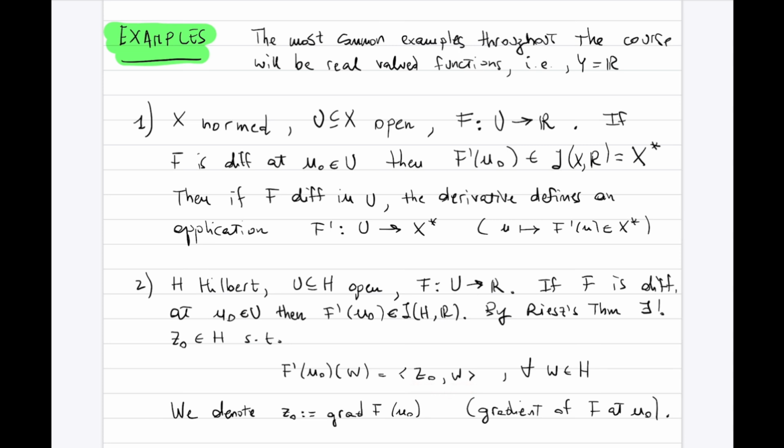And in this case we call z0 the gradient of f at u0. Okay, in analogy with the Euclidean case. So basically this is just a notation. This is not actually a gradient operator, but it's just to denote this differential basically in the case when we are in a Hilbert space.